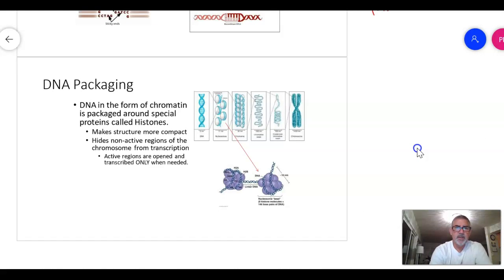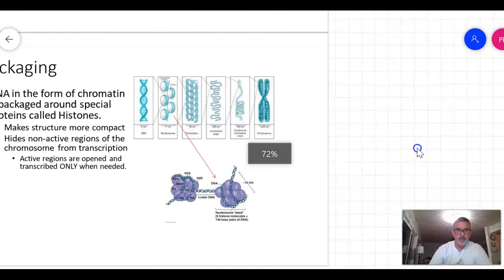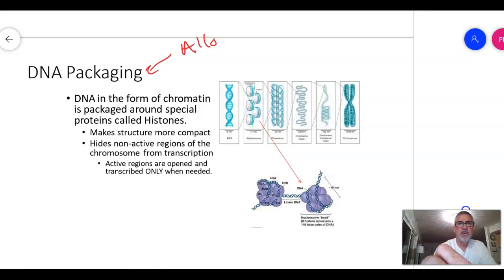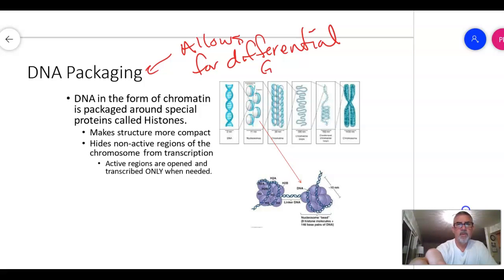So DNA packaging, just know that DNA packaging allows for differential gene expression.